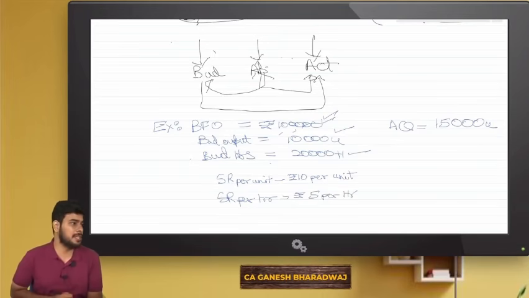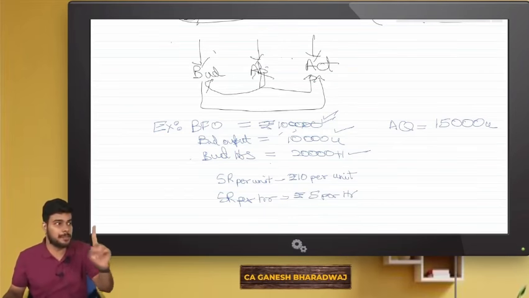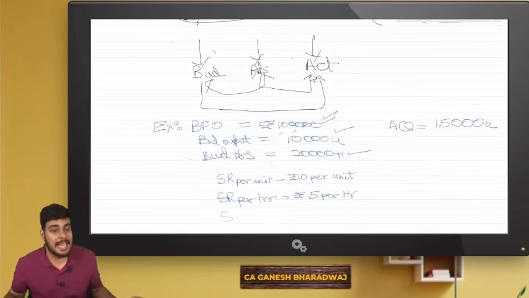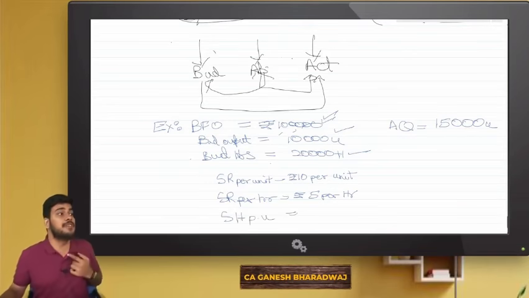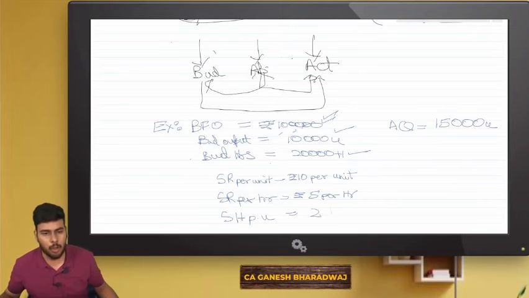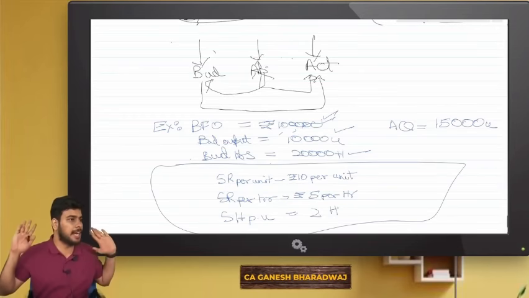And one more thing I want to tell you: standard hours allowed per unit. Every unit, how many hours can you take? 2 hours. Correct or not? This data, are you guys understanding?